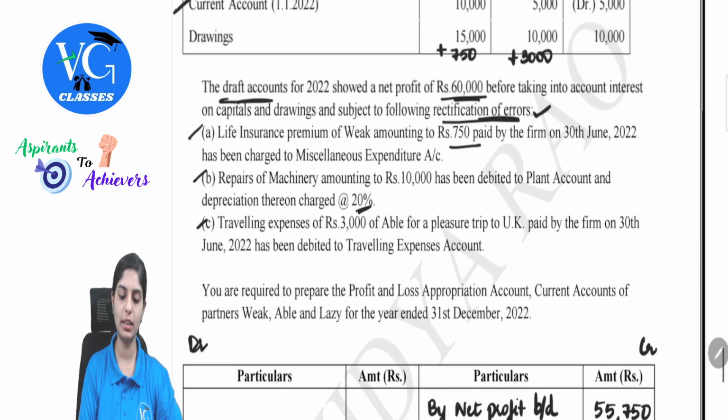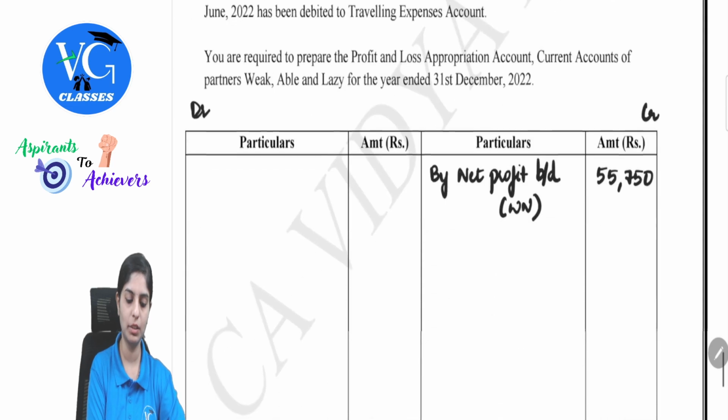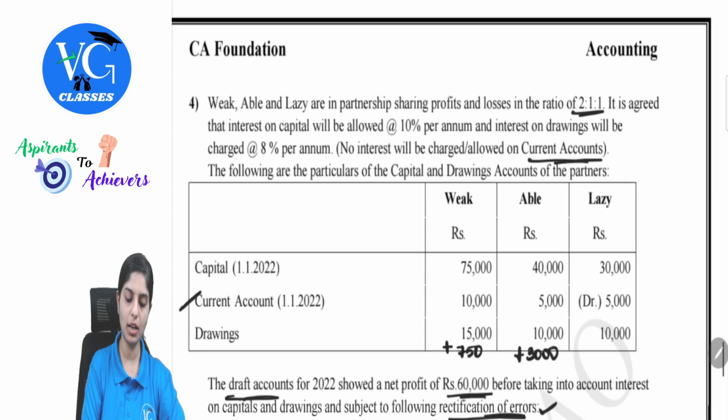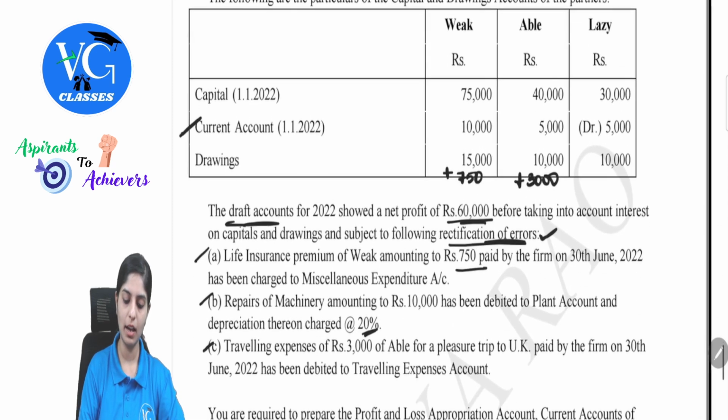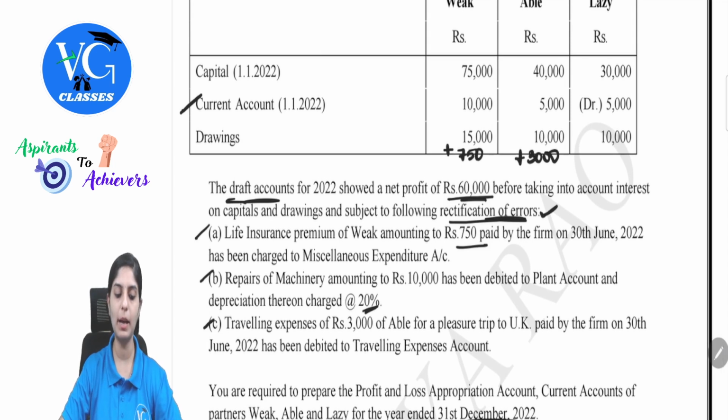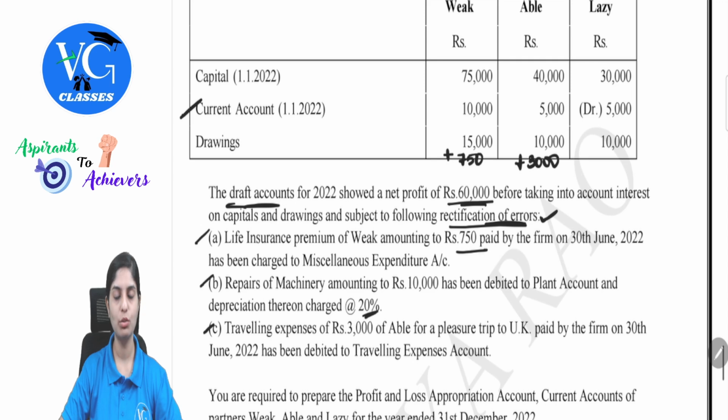Next, they have asked interest on capital to Weak, Able and Lazy. What is the capital balance? Remember carefully, the year is ending on 31st December. Capital balance is given on 1st of Jan. So there is no months consideration here.